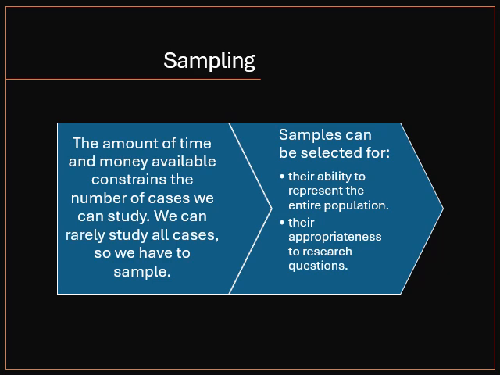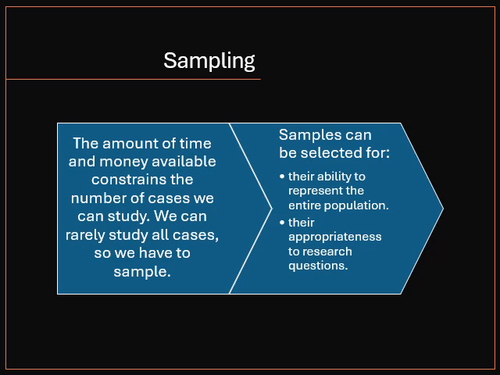Sampling allows researchers to gather data more efficiently without compromising the integrity of the study. Feasibility: by selecting a manageable number of cases, researchers can conduct their study within the constraints of their resources while still producing meaningful results. So, criteria for selecting samples: you want representation of the population, so it's generalizable.